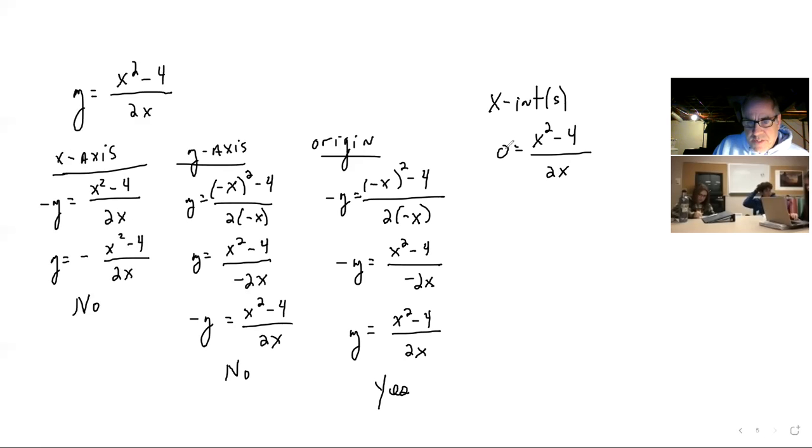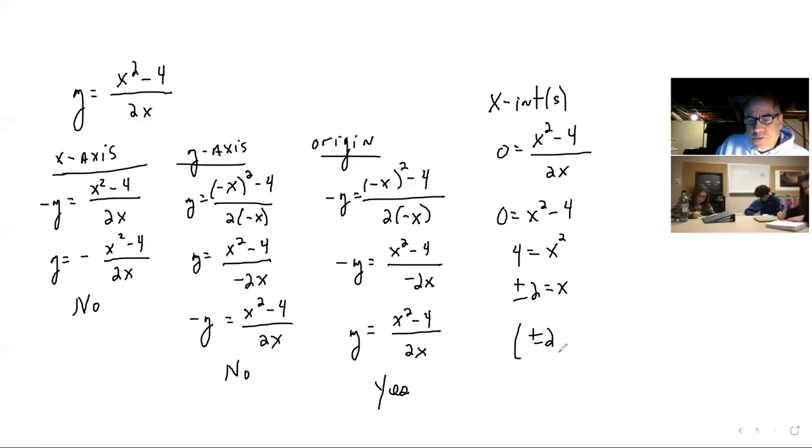Or you could think of it as multiply both sides by 2x, which would clear out here, and anything times 0 is 0. So all I really need to figure out is what would make the top equal to 0. So 4 equals x squared, or plus or minus 2 is x. So there are two x-intercepts, 2, 0 and negative 2, 0.